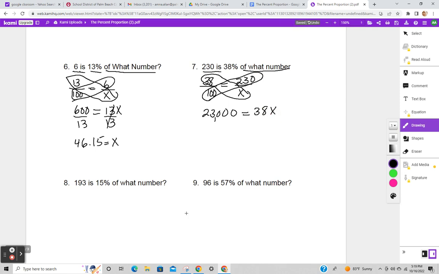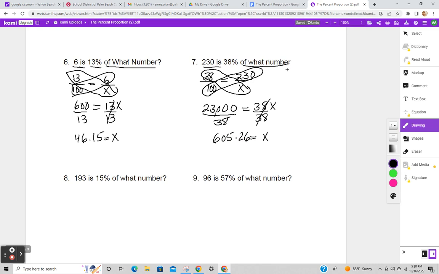And we're going to go ahead and divide both sides by 38 to get x by itself. So now x is by itself, and that equals 605.26.